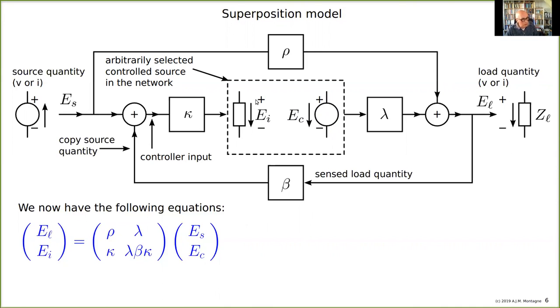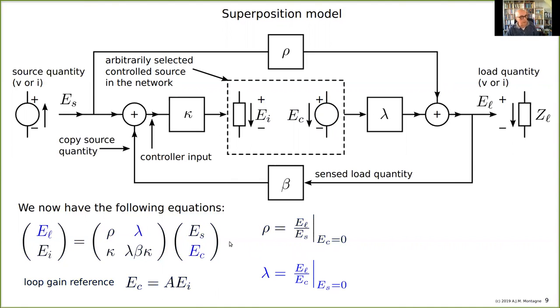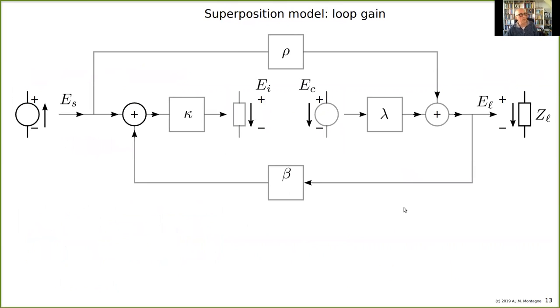It is the response to this change. So it is the product of lambda, beta, and kappa. The loop gain reference, we still have it, and this is the definition of the terms that I just explained to you. Now let's see what this loop gain is.